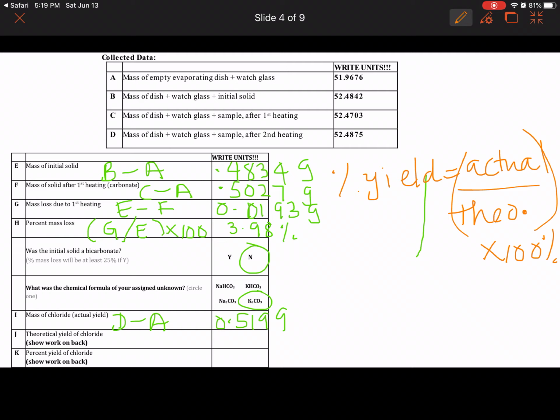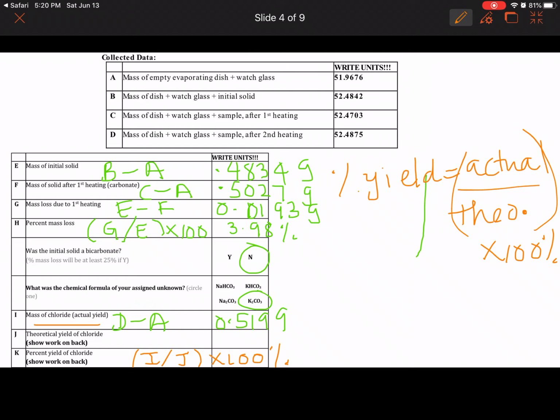So which one is our actual yield? Our actual yield we found out is in I, the mass of the chloride. You take that I and you divide it by the theoretical yield, which is J. I over J times 100 will give you the percent yield.